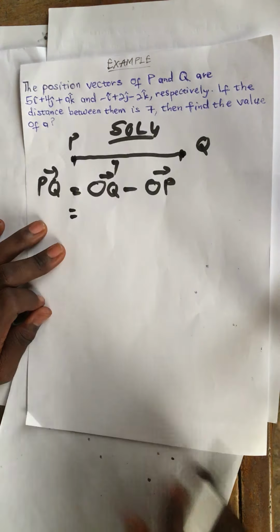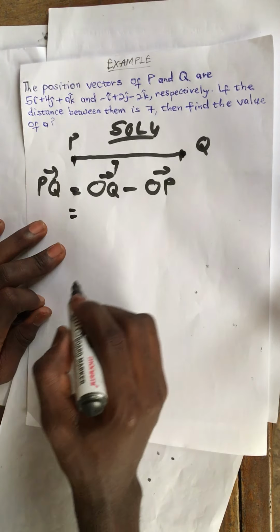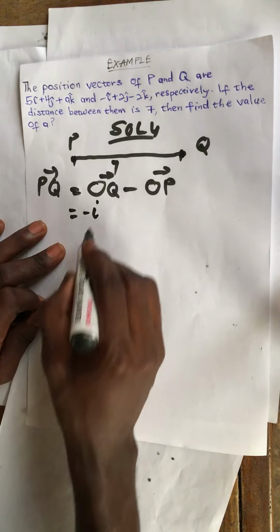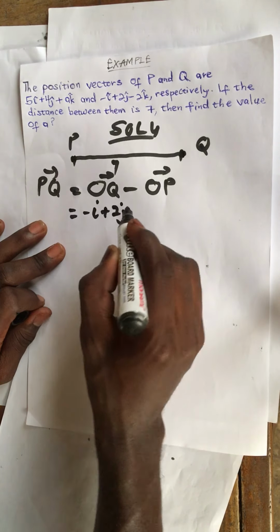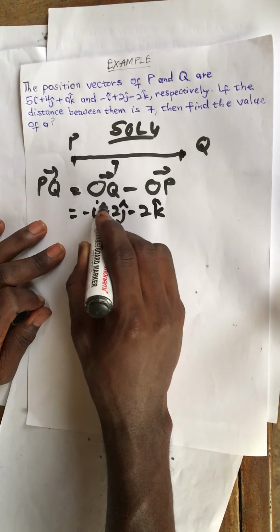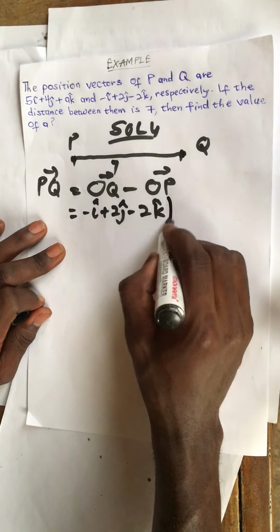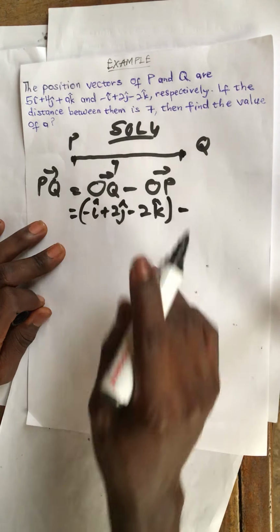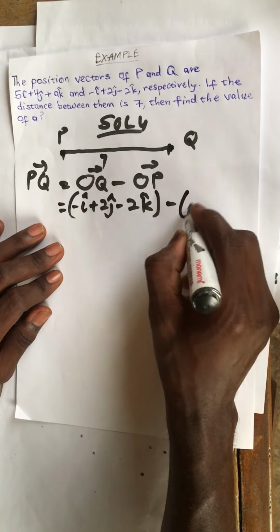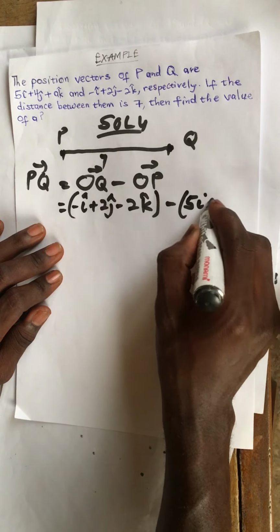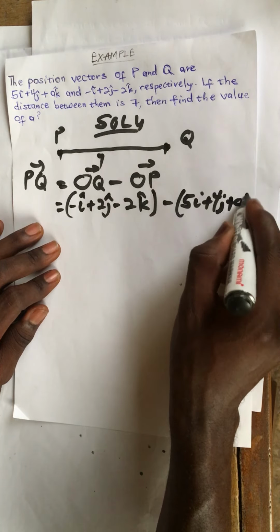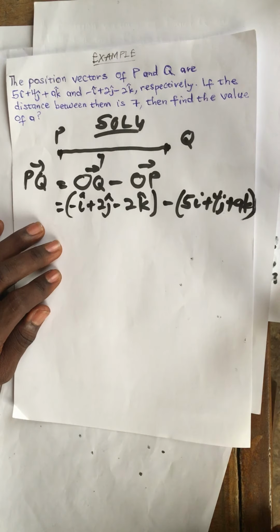We know our position vector for Q to be -i + 2j - 2k, minus the position vector for P, which is 5i + 4j + 8k.